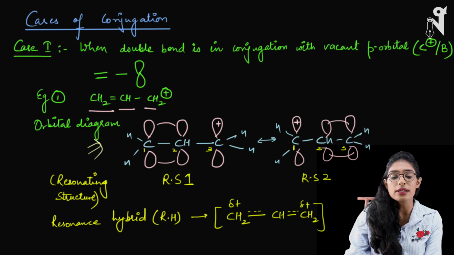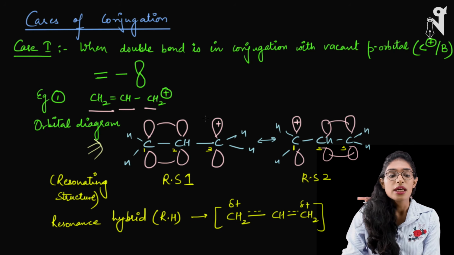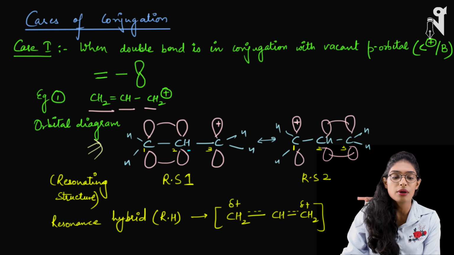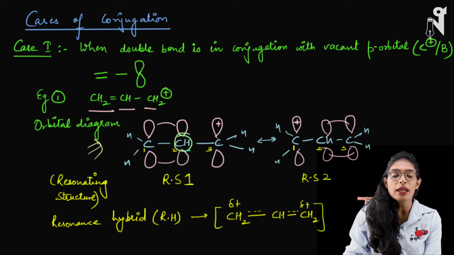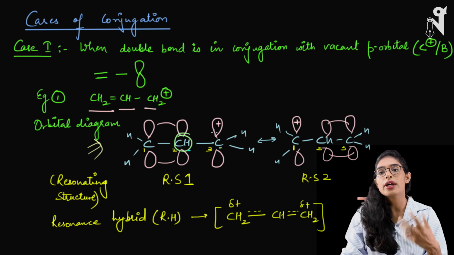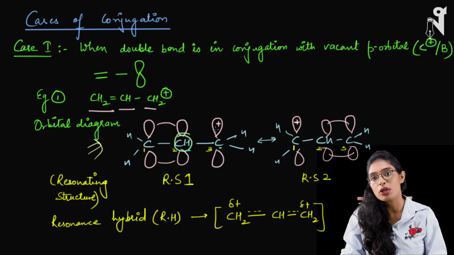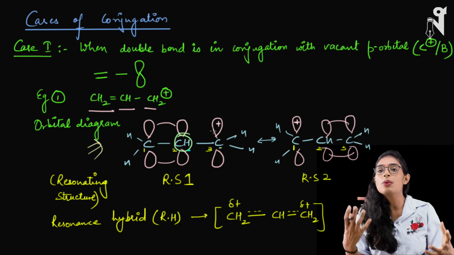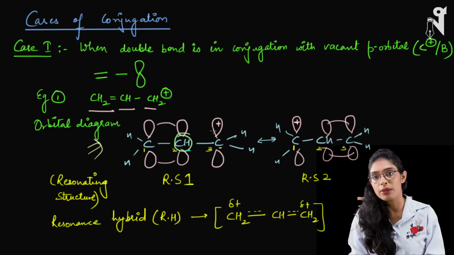Now, I told you last time when I explained conjugation that this empty p orbital forcefully tries to form a bond with the second carbon, which is in the neighboring position. So this third carbon will try to form a new bond, because it will try to stabilize itself by giving away its positive charge, and it can do that only when it forms a bond with something.